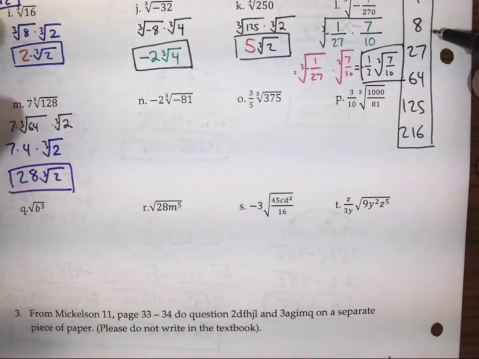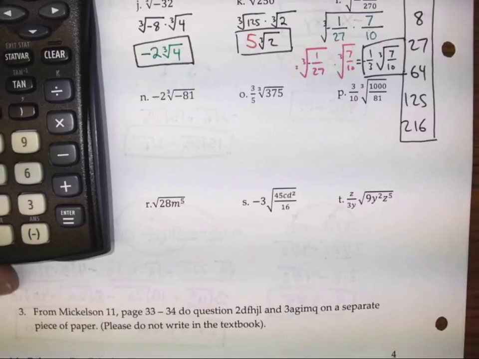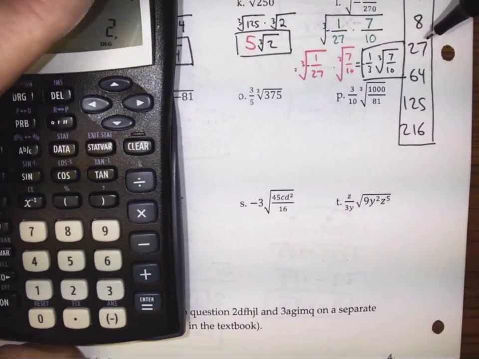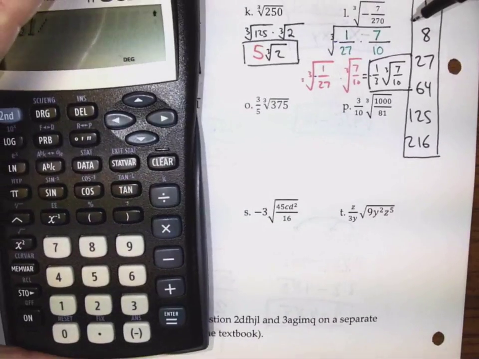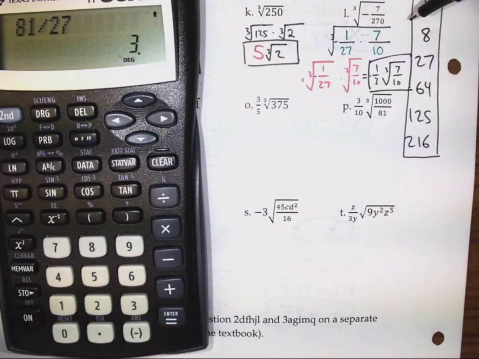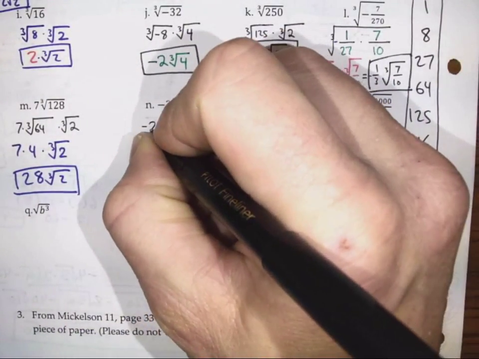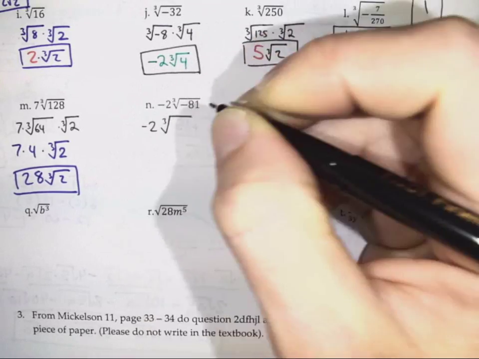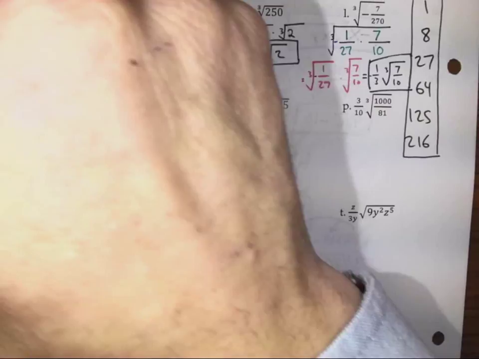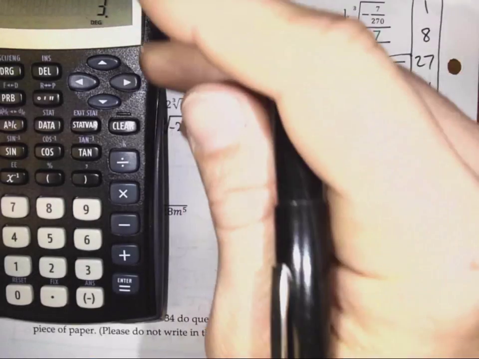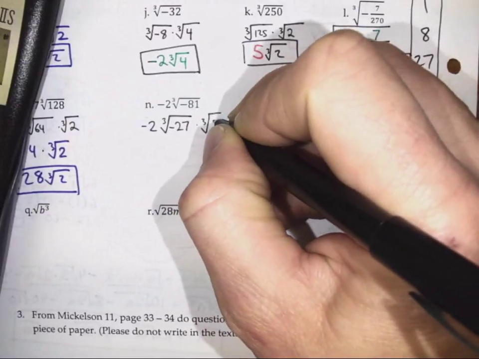Okay. 81. So 8 doesn't go into 81 because 8 only goes into even numbers. But maybe 27 does. So I'll just check with my calculator. 81 divided by 27, and it does go in 3 times. So that means I've got negative 2 cube root of, I'm going to take the negative out as well, negative 27 times, I've got the 3 left over here, so we're going to leave that 3 here.